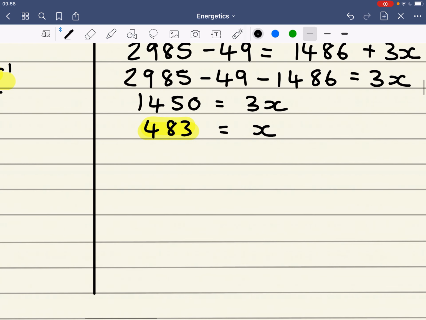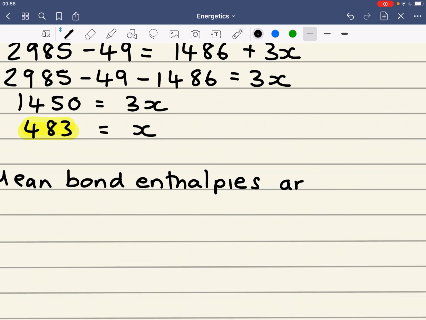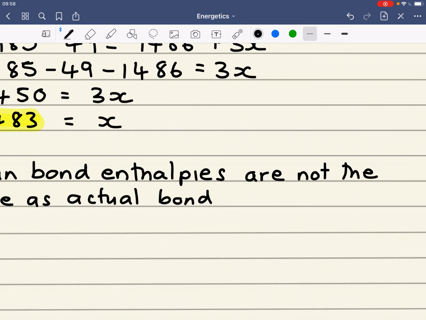So it's important to note that mean bond enthalpies are not the same as the actual bond enthalpies in the reaction.